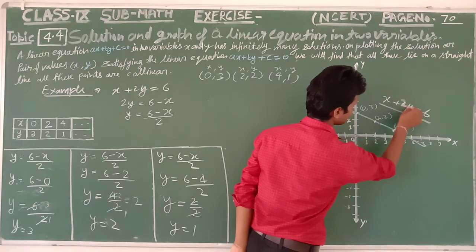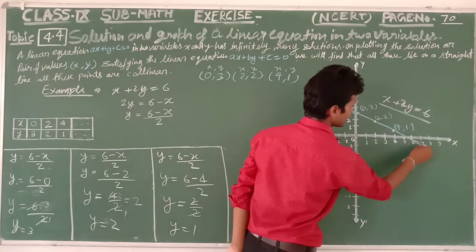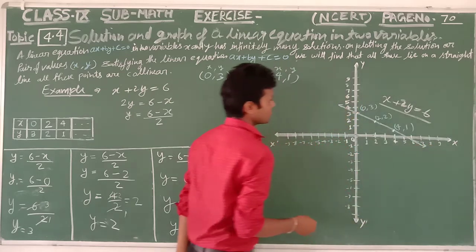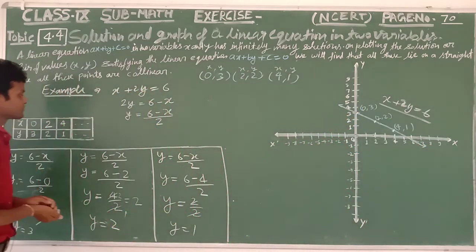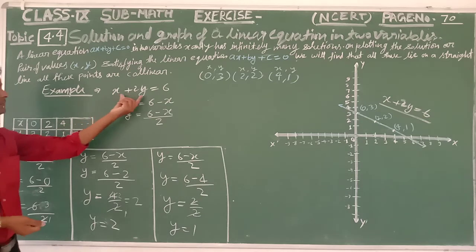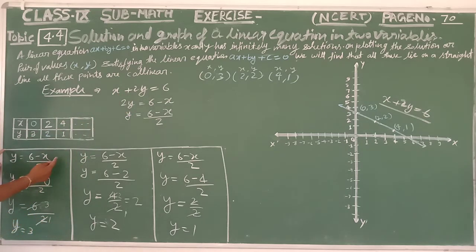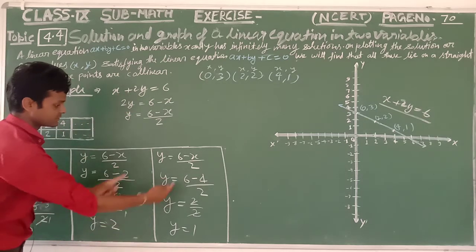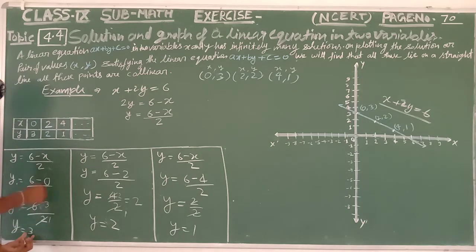This is the equation for this straight line. I hope you understand how to find the solutions for this equation. You find the solutions this way, collect the points, and draw a table for the x and y values.